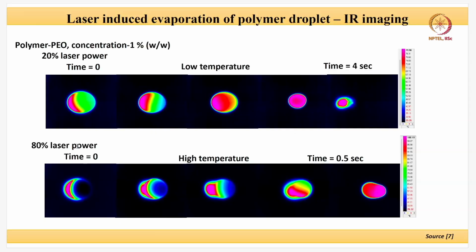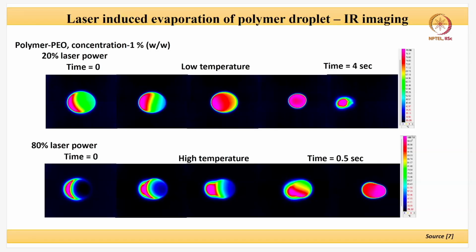Now, if you increase the laser power, the droplet, because of this asymmetric heating, actually deforms. So you can see that there is a very strong temperature differential between the two sides of the droplet. Okay, and this is very illuminating, and the droplet bulges like this, however, it never equilibrates completely.